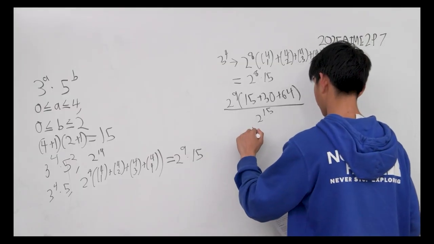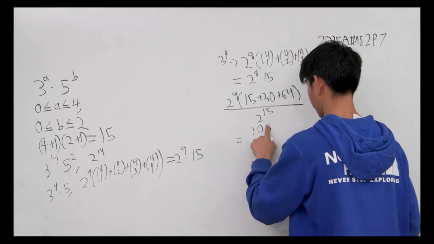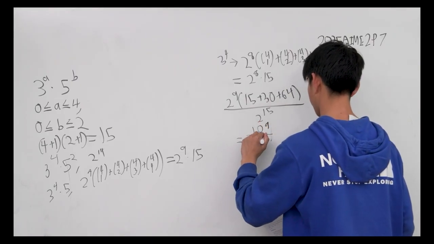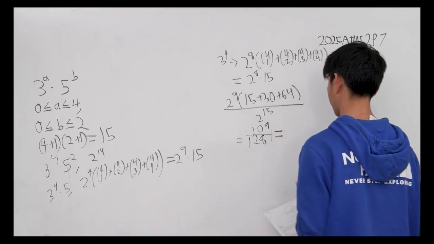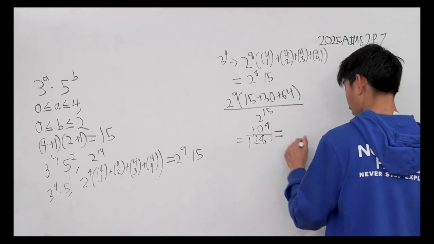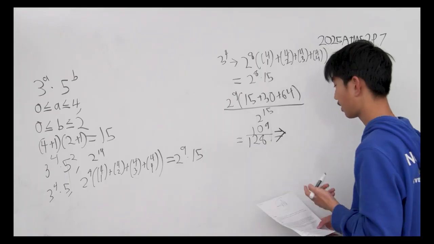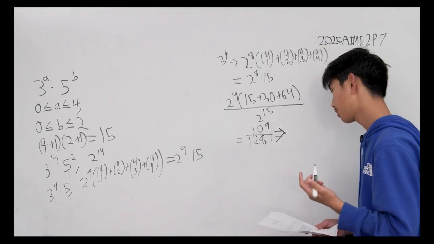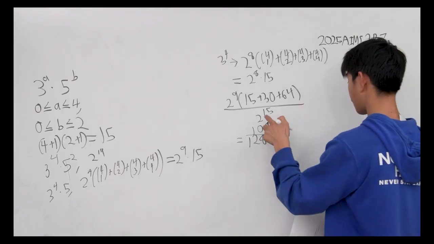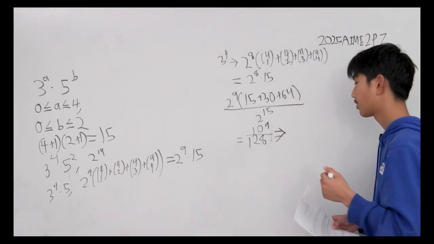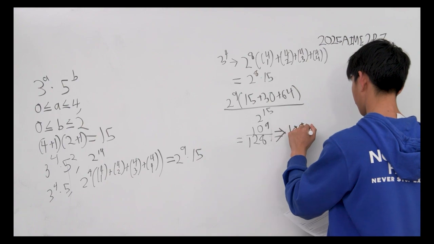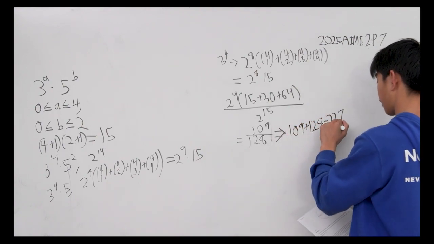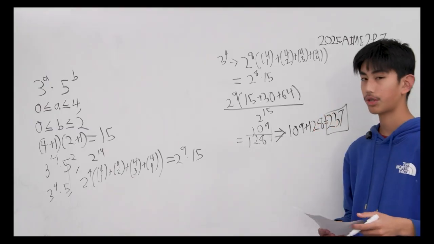This gets us 109 over 128 when you simplify, which is the expression of the probability that the problem wants. So our answer is going to be the sum of the numerator and the denominator, which is 109 plus 128, which is 237. And that is our answer for this problem.